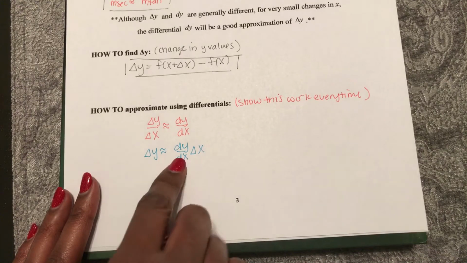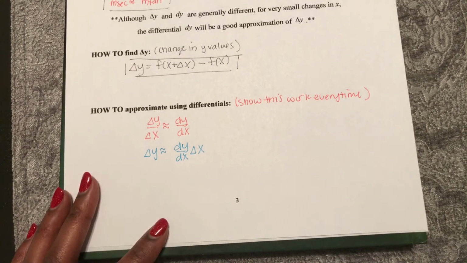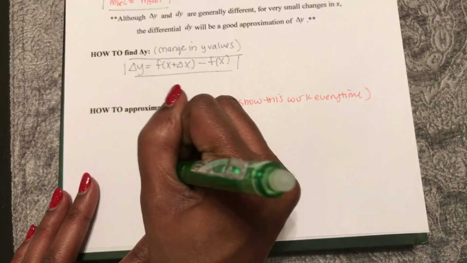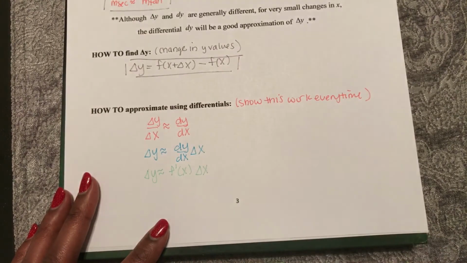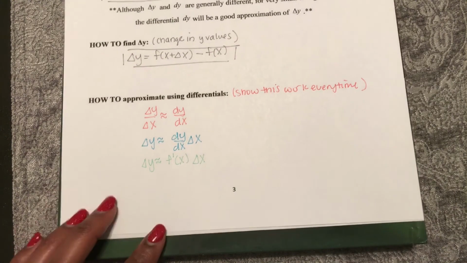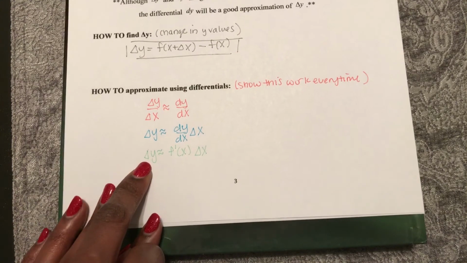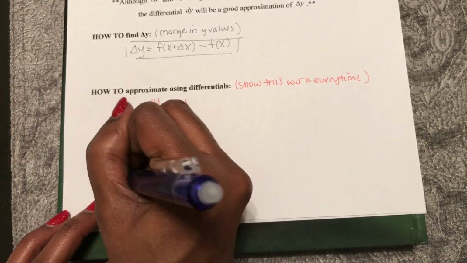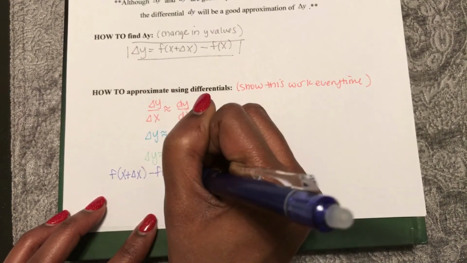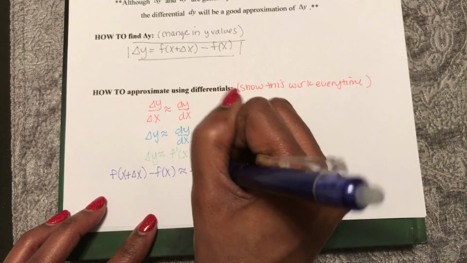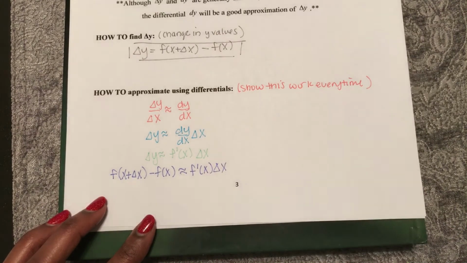Now, don't forget that dy dx is just f prime of x, so delta y is approximately f prime of x delta x. But what is delta y? Delta y is f of x plus delta x minus f of x, which is approximately f prime of x delta x.